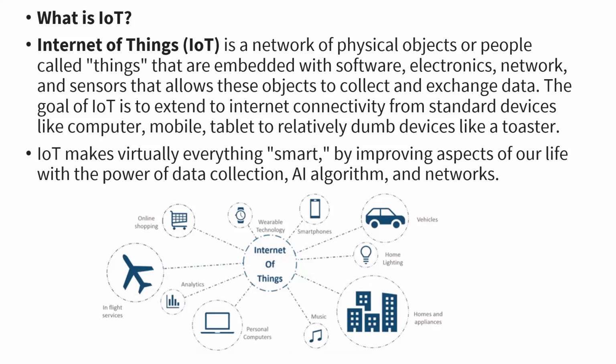Smart means having intelligence. Okay, and this is used to improve the various aspects of our lives. Here data collection is used, networks are used, and artificial intelligence is used to add the smartness to the devices.